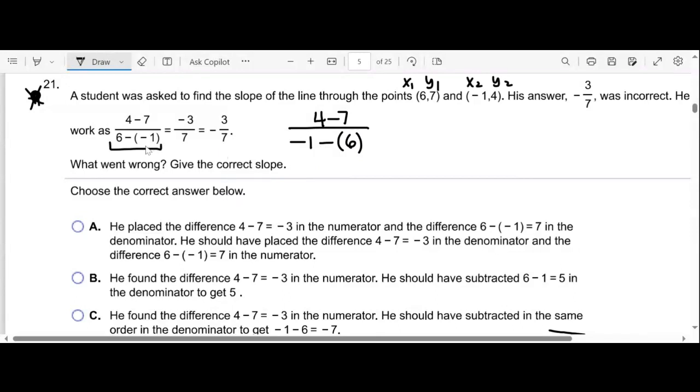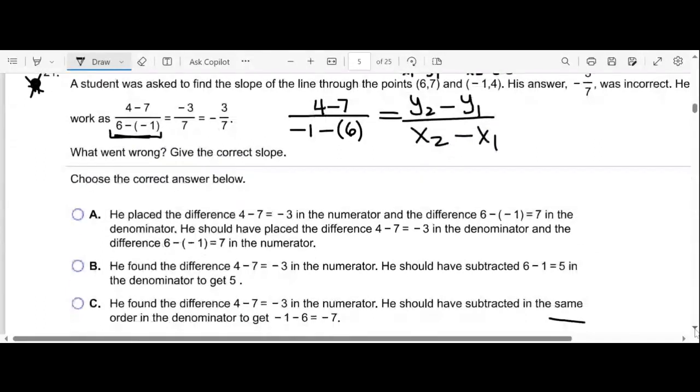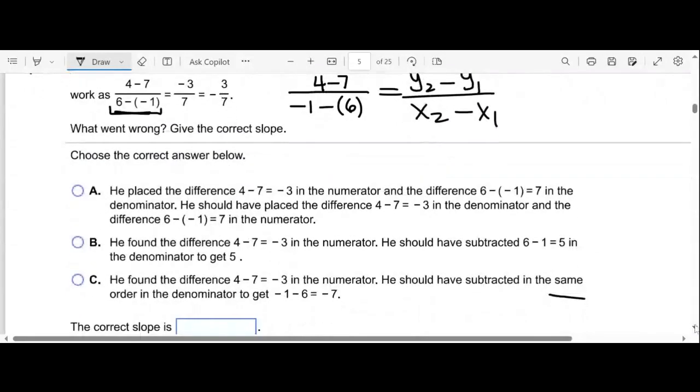Okay. So the mistake here, what did he do? He didn't put the order correctly. He swapped the 6 with minus 1. So he made x1 minus x2. That's wrong. So which one is the correct one? Wait. C.